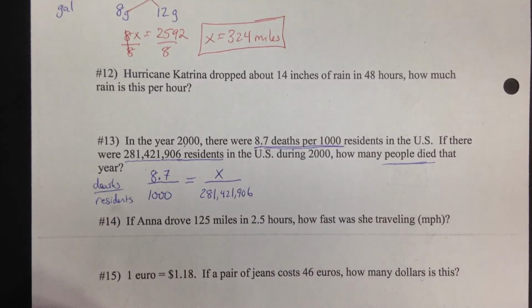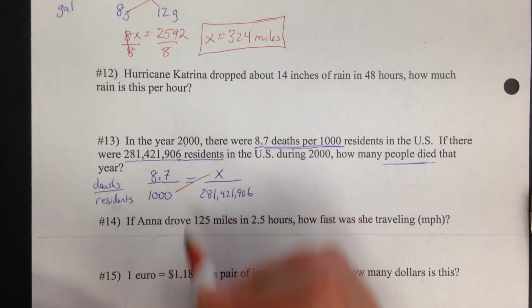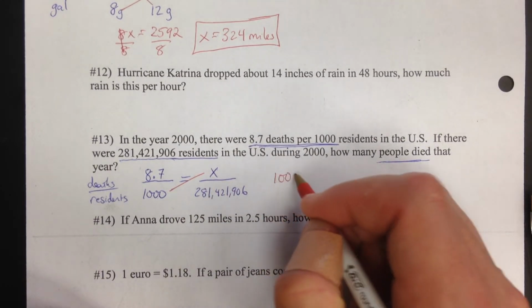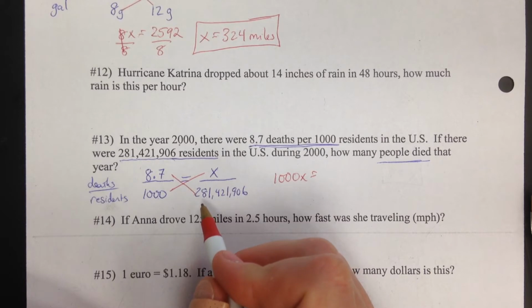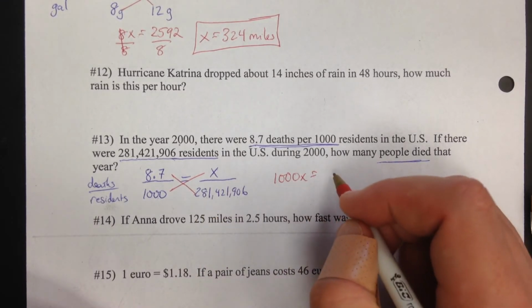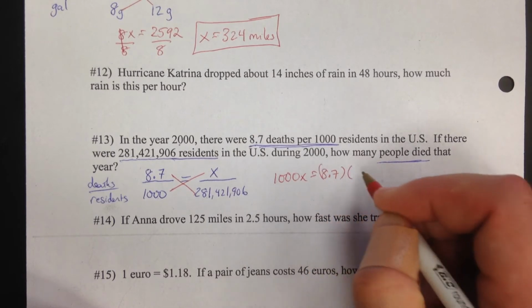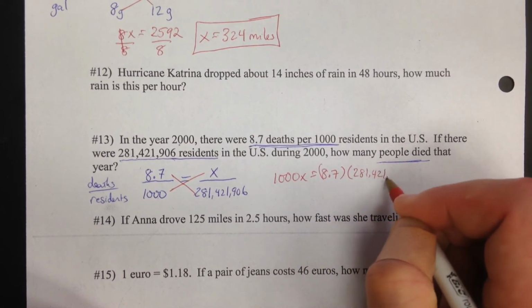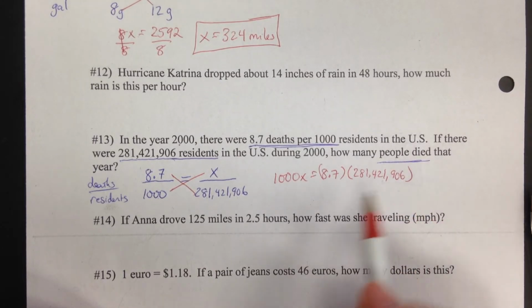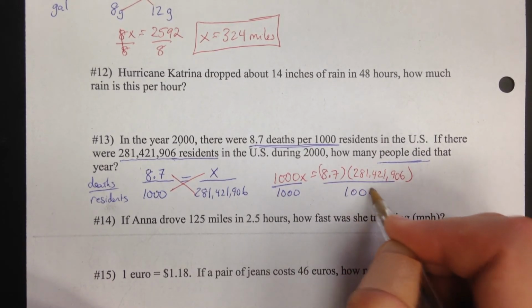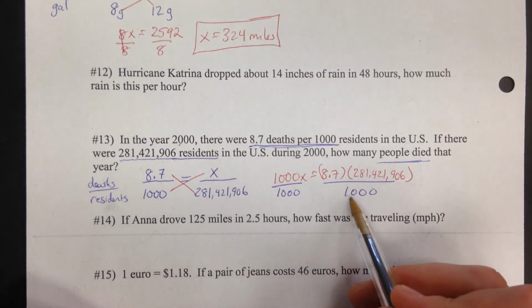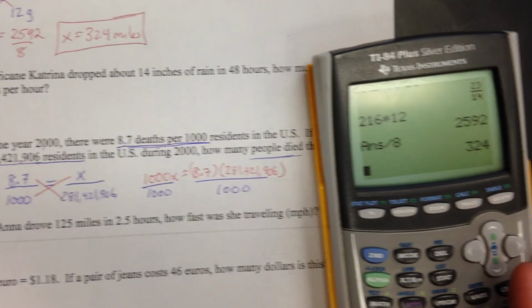Now what's going to happen here, I'm going to cross multiply to solve it, and I get 1,000x equals, I know I'm going to multiply this thing, but just so I don't have to keep writing a huge number, I'm going to write this as 8.7 times 281,421,906. I can certainly multiply that out. I can use the calculator, but I know that my last step would just be to divide by 1,000. So what I'll do is I'm going to put all of these into the calculator at one time so that I don't have to keep typing these large numbers.